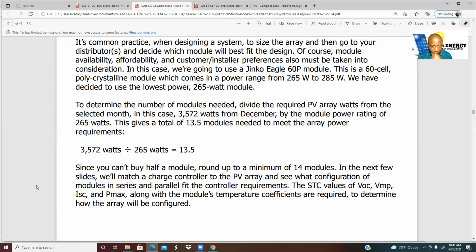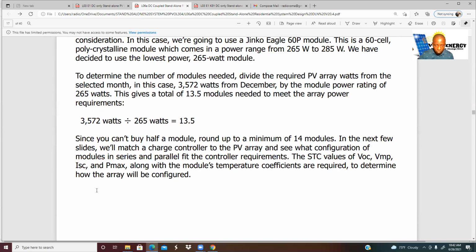In this case, we divide 3,572 watts from December by the module power rating of 265 watts. This gave a total of 13.5 modules needed to meet the array power requirement. So 3,575 watts divided by 265 watts equals 13.5. We're rounding up to 14.